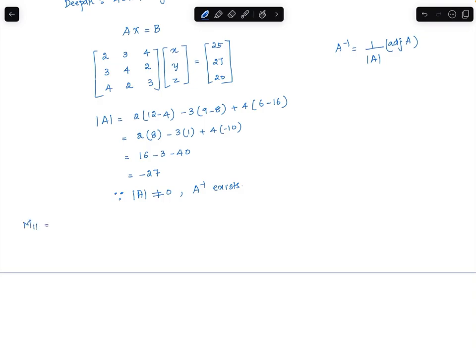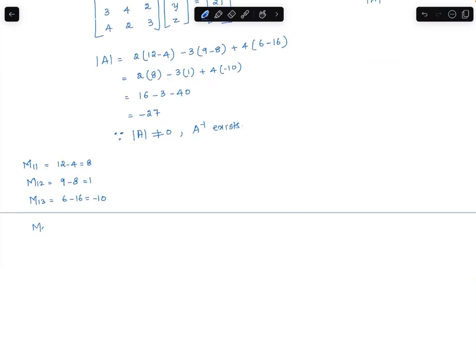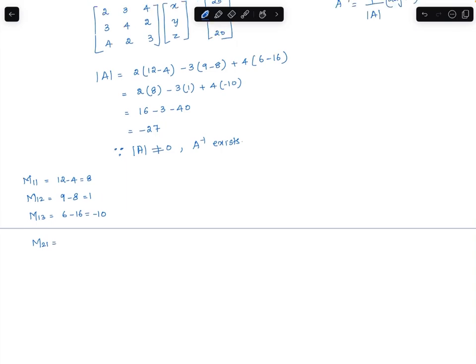M11 is equal to 12 minus 4, which is 8. M12 is 9 minus 8, which is 1. M13 is 6 minus 16, which is minus 10. M21 is equal to 9 minus 8, which is equal to 1. M22 is 6 minus 16, which is equal to minus 10.